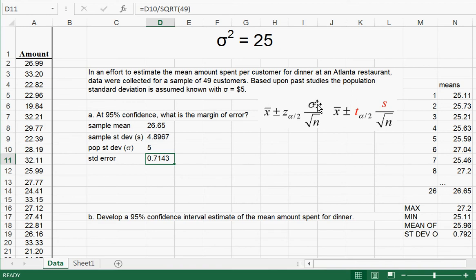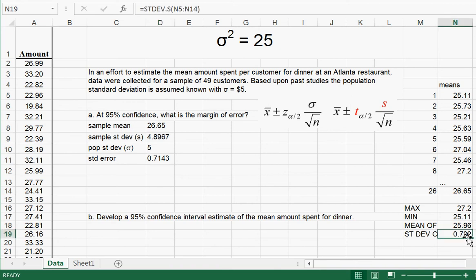Do you guys see that? This ratio is also known as the standard deviation of x bar. And x bar is a mean.